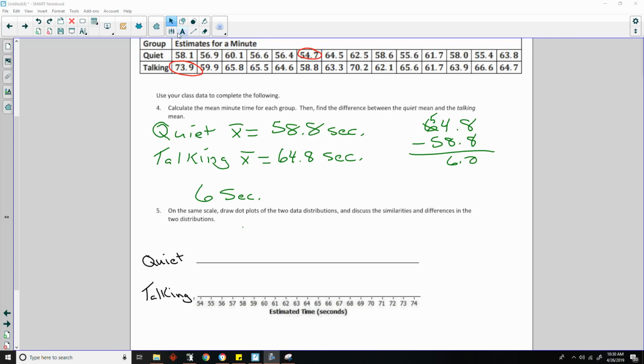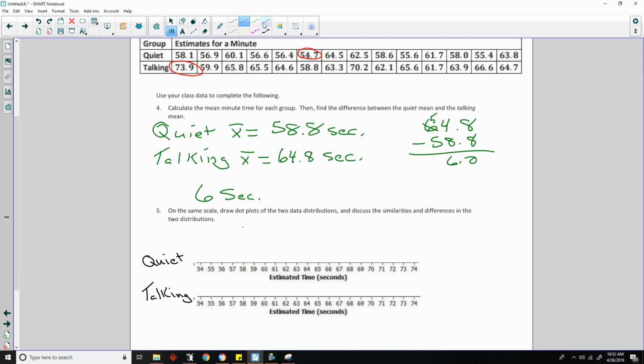I just made this scale off to the side and brought it in, so now we're going to enter our data. I'll do quiet in green. I brought this in to make it easier to plot the dots, and I'll delete it after.